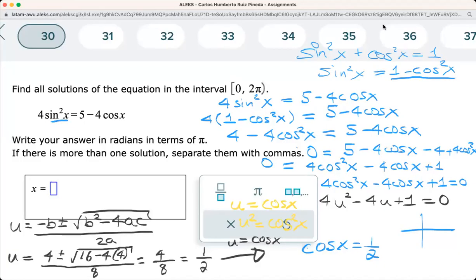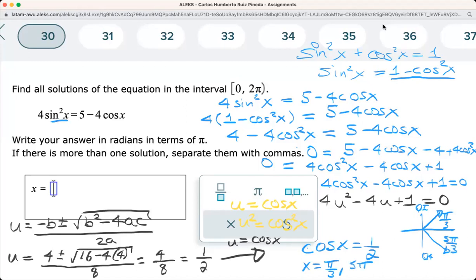This happens when it's in quadrant 1 at pi over 3, and also when it's in quadrant 4, because here, remember, the cosine has to do with x and it's positive. So it's in quadrant 1, and also in quadrant 4. On quadrant 4, the angle is 5 pi over 3.